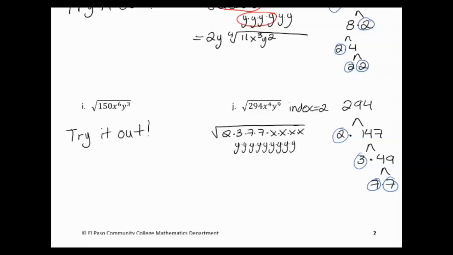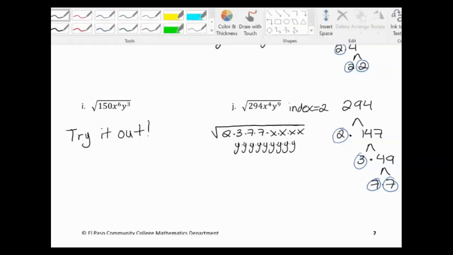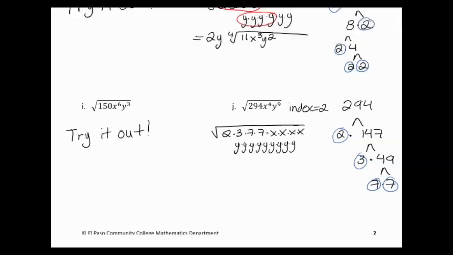Since my index is a 2, we're going to be making groups of 2. I cannot make a group with the 2 or the 3, but I can the 7, the x's, and the y's 1, 2, 3, 4. All right. So this is going to look 1, 7 outside.